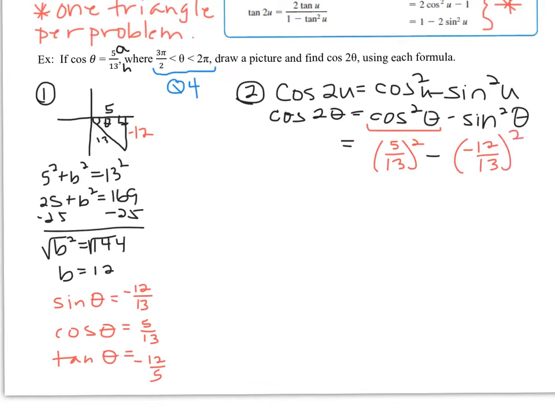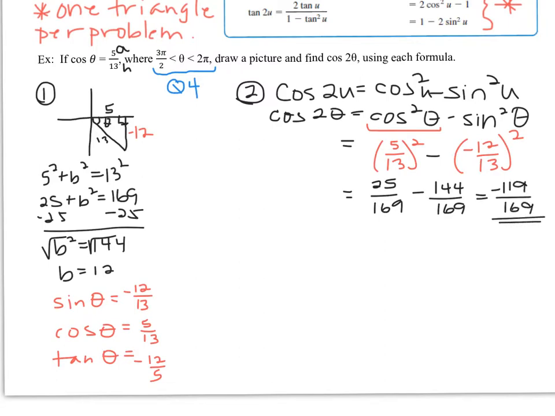Now it's just a matter of simplifying. 5/13 squared would be 25/169. Minus negative 12 squared, be careful on this one, negative 12 squared is 144, also over 169. So we have a common denominator. 25 minus 144 gives us negative 119 over 169.